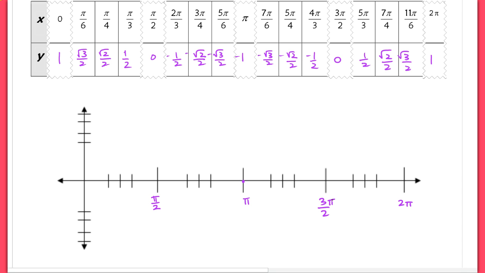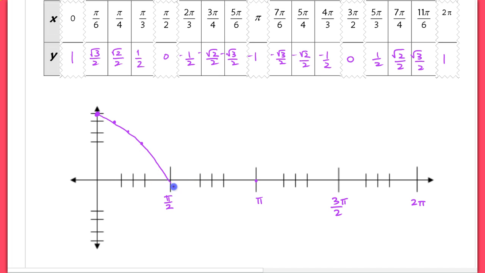Alright, so we're going to start this graph here at 0, 1. That's where my cosine graph starts. Now, the cosine graph, if I wanted to continue to fill in some of these points, pi over 6, root 3 over 2, and so on, it would look like this. It comes down to pi over 2, 0, so it has that intercept here at pi over 2, 0.